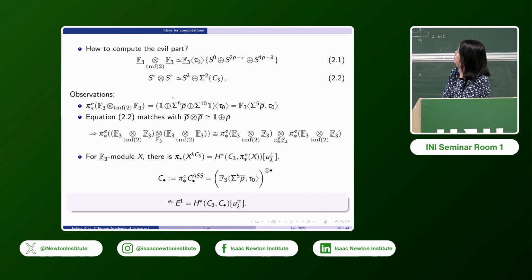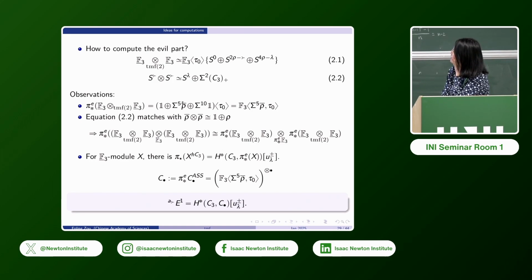But there's a way to work with them, which is if you consider the underlying homotopy group of this as a C3 representation, you end up replacing this by a reduced regular representation and replacing this by a trivial representation. And this trivial representation is actually Sym2 of this, the exterior power Lambda2 of this rho bar.